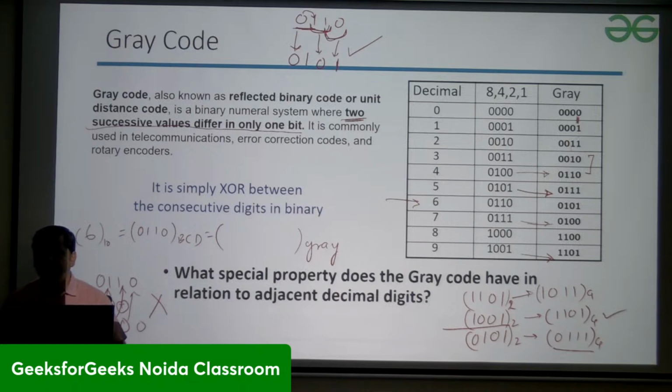Now look at 1 and 2. Only one bit is modified. Let's say any random value, 5 and 6. Only one bit is modified. Isn't it?